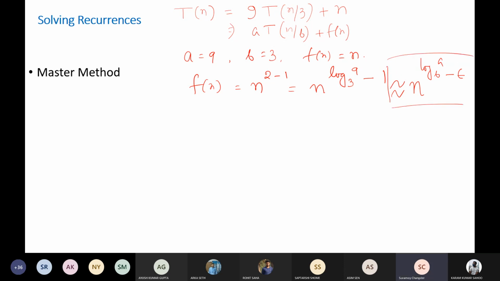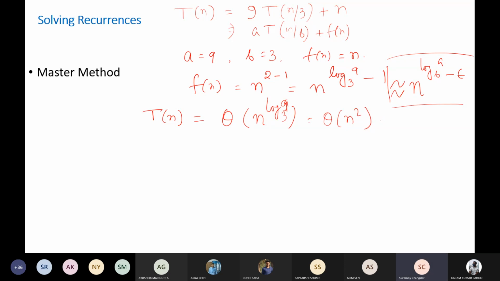So you can apply the master method for case 1, and we can say that the solution for the given relation T(n) is theta of n to the power log a base b, that is log 9 base 3, which equals theta of n square.